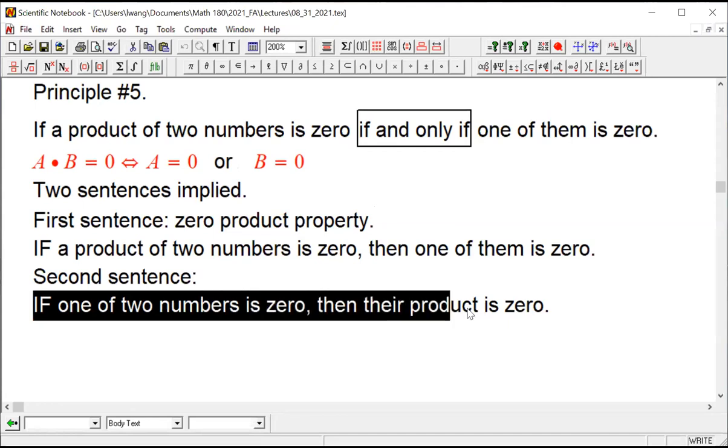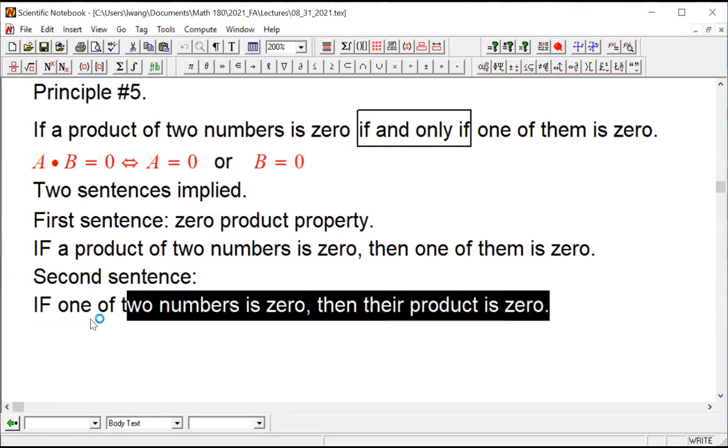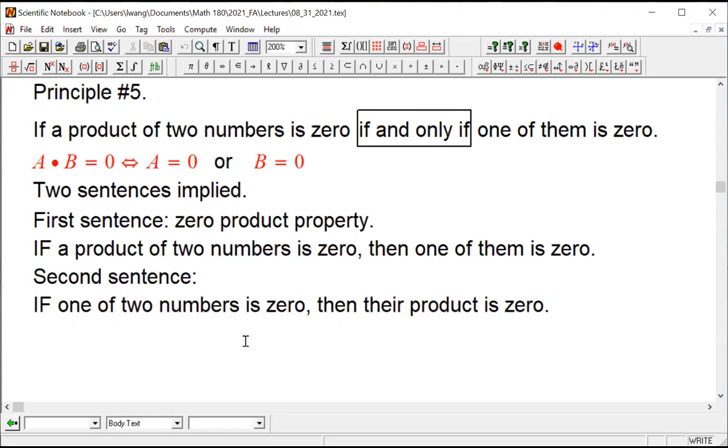The second sentence is often not used, and you already learned that in a pre-algebra class. We take it for granted. We know that in any product, if one of the numbers is 0, the product is going to be 0. No question asked, right?